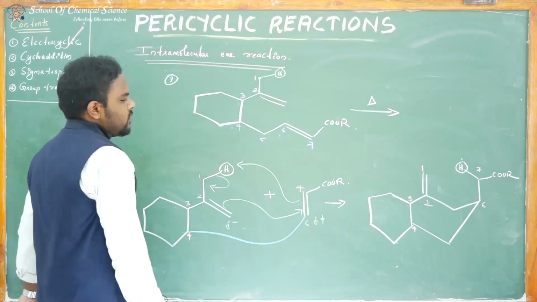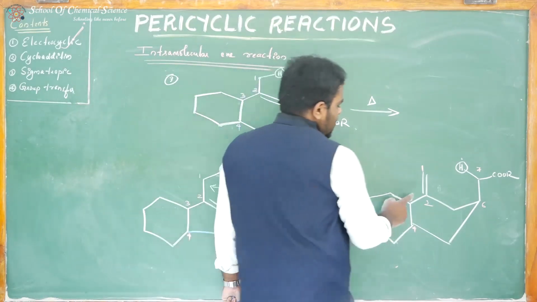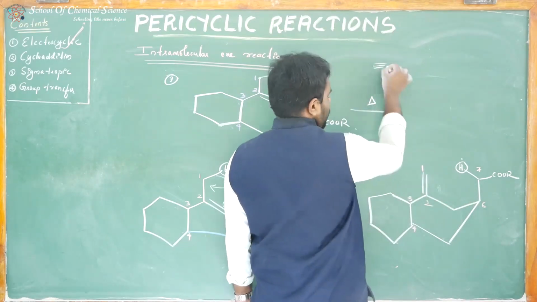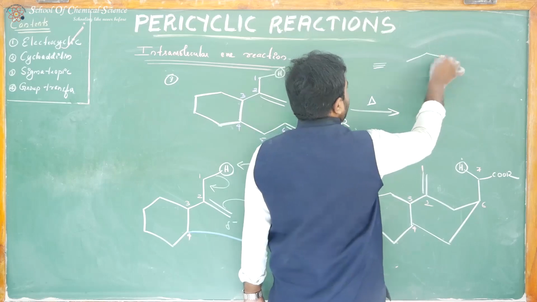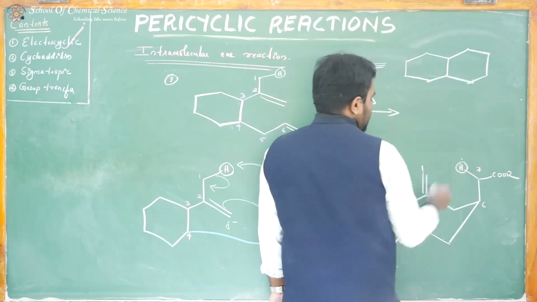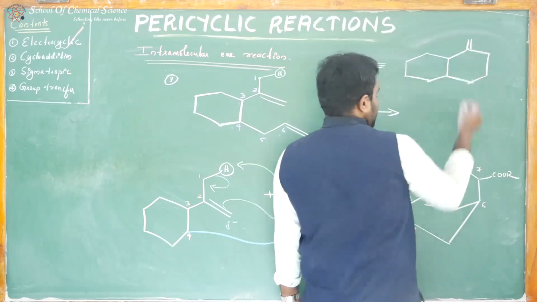So this is also a 6-membered ring, 1, 2, 3, 4, 5, 6. So this product has two 6-membered rings: one 6-membered ring already present, and one more 6-membered ring. At this carbon, a double bond.